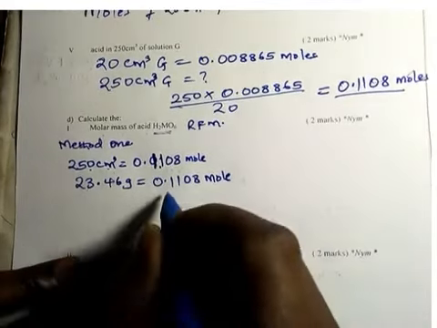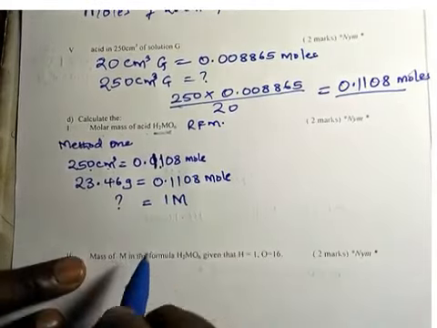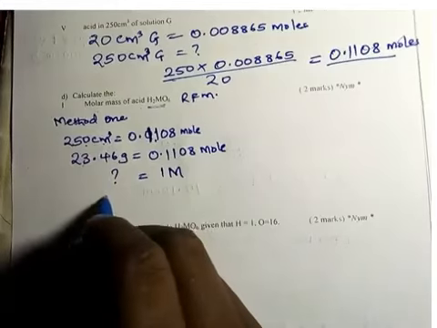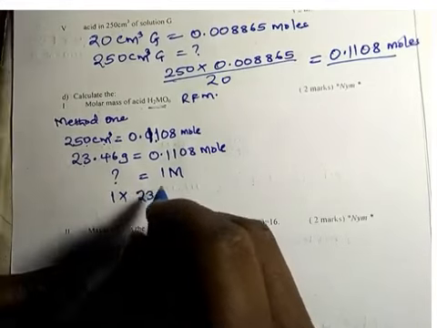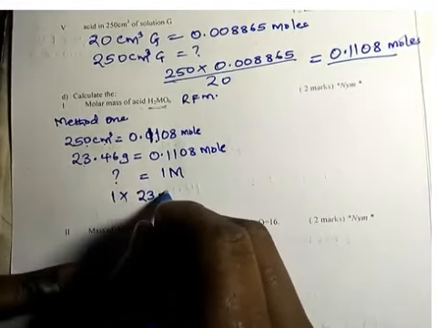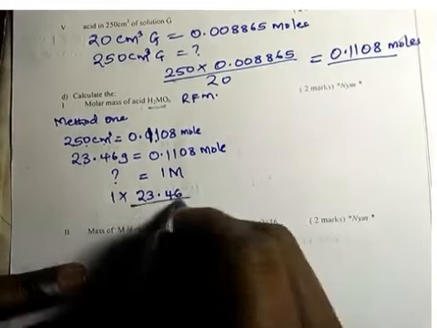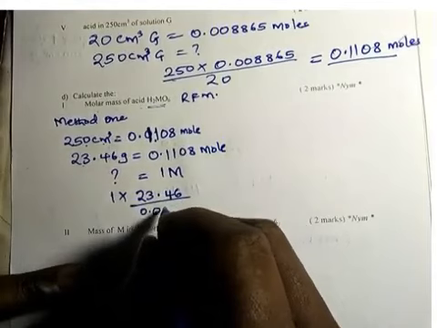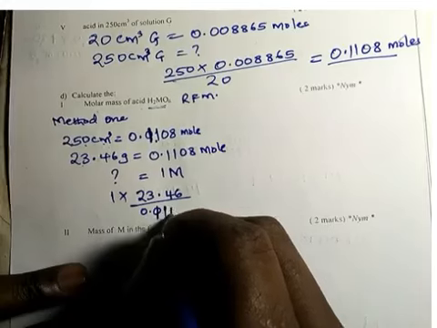So 1 mole will contain what? So that is 1 times 23.46 divided by 0.1108.